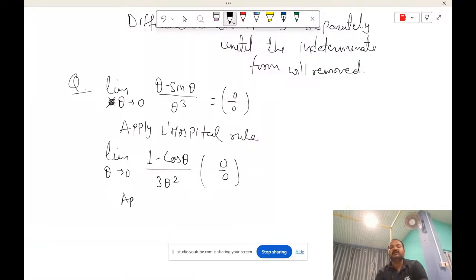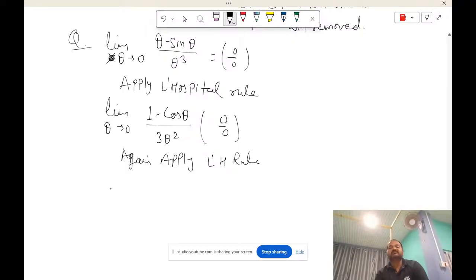So again we apply the L'Hospital rule. We differentiate the numerator and denominator separately. For 1 minus cos theta, the differentiation of the constant term is 0, and the differentiation of cos theta with respect to theta is minus sine theta, so it becomes sine theta, upon the differentiation of 3 theta square, which is 6 theta.